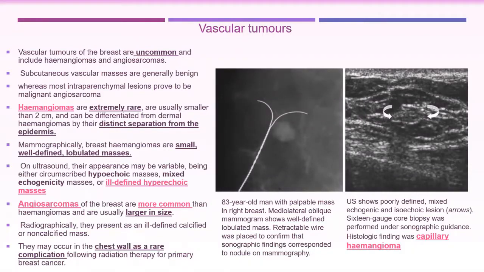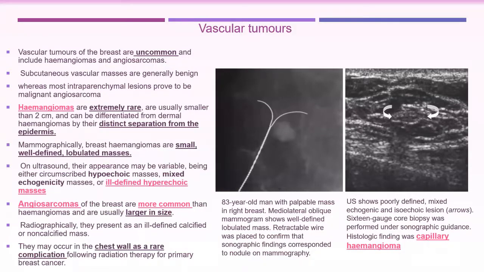So now we talk about the vascular lesions. Regarding the vascular lesions, we have benign, like hemangioma, and malignant, like angiosarcoma. Which one is common? Definitely you'll think that hemangioma is more common. No. Regarding the breast, angiosarcoma is more common than hemangioma.